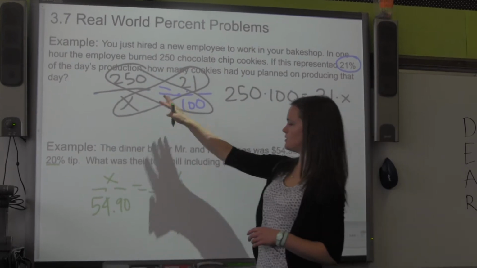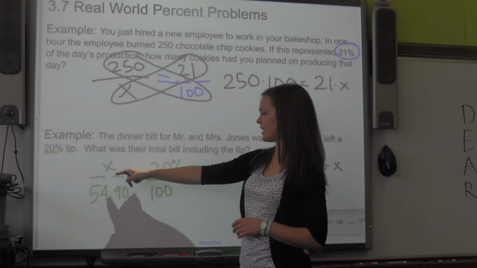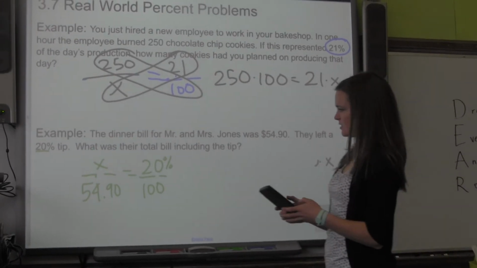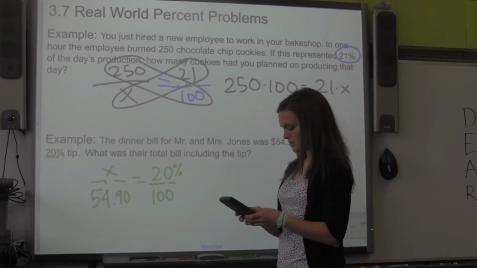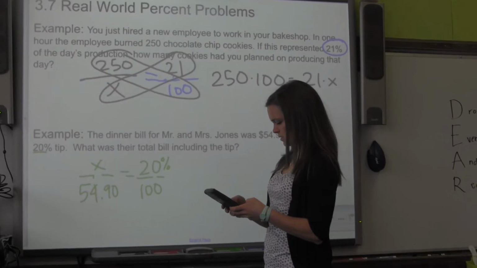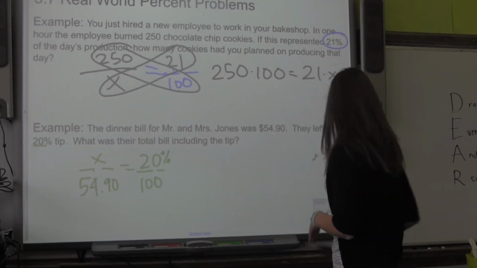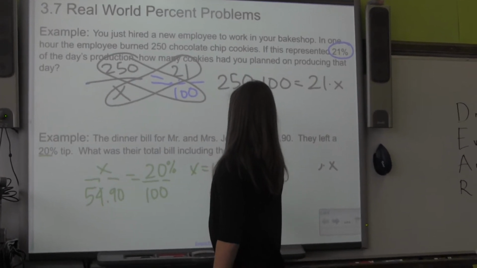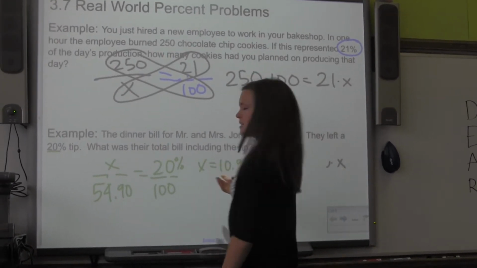Now when I do cross products on this proportion and I find out what x is, I'm going to do this with my calculator just to make it faster. You don't have to watch me do division. It's 10.98. So x is equal to 10.98. That's how much they paid in tip.